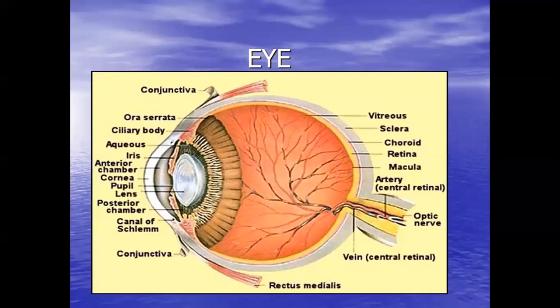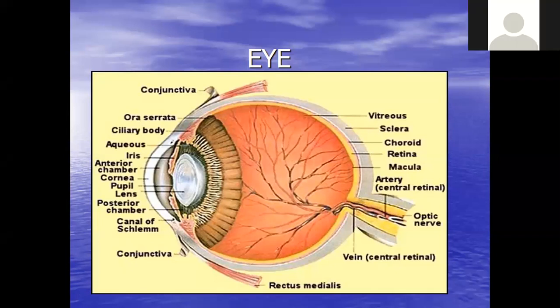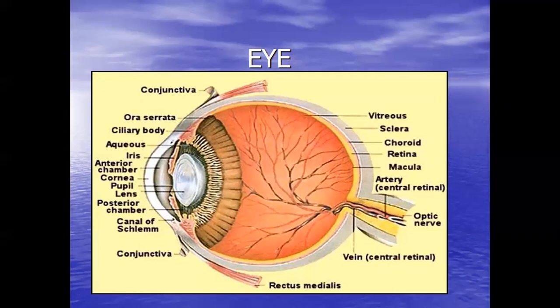Now lens, what is lens? Actually, the human eye can be compared with a camera, because a camera also has a focusing lens in front of it, from where the picture is being focused onto the back film, the dark film of the camera.